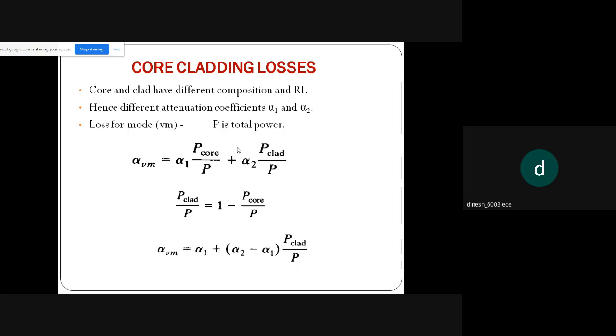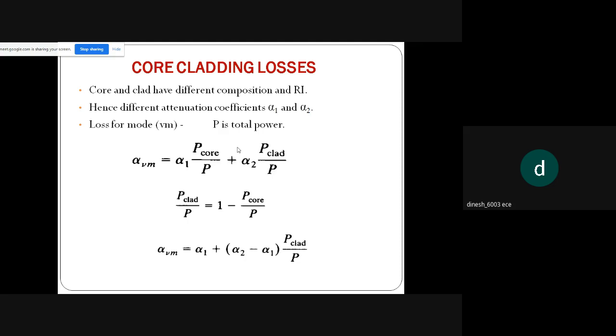The losses that occur during the propagation in the optical fiber due to the core are called core loss, and during the same transmission, if the loss occurs due to the cladding, it is called cladding loss.